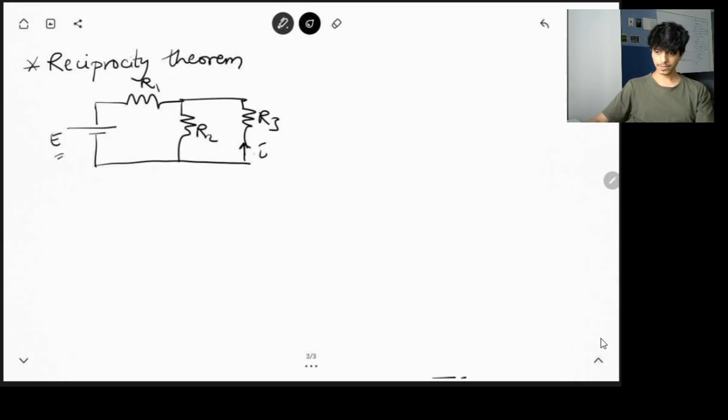What reciprocity theorem says is that suppose if I was to interchange E and I, then the current would still be the same.